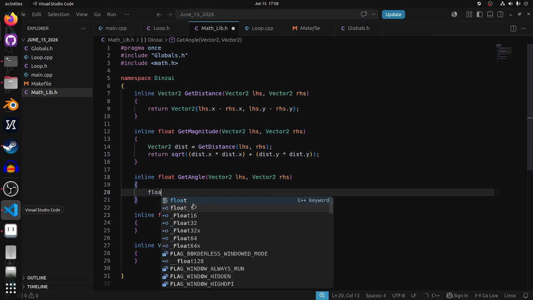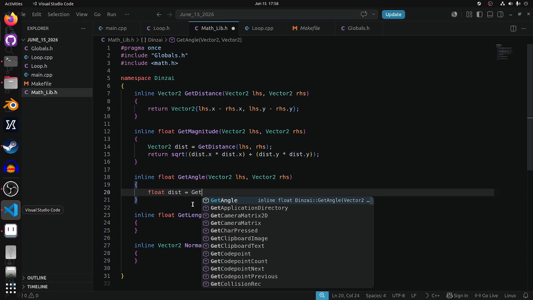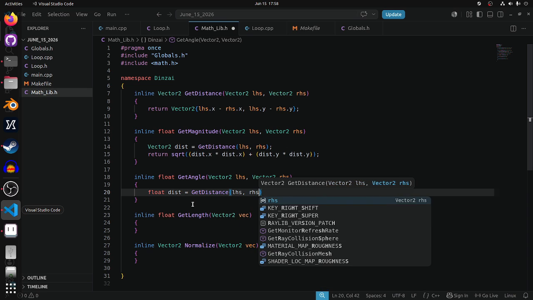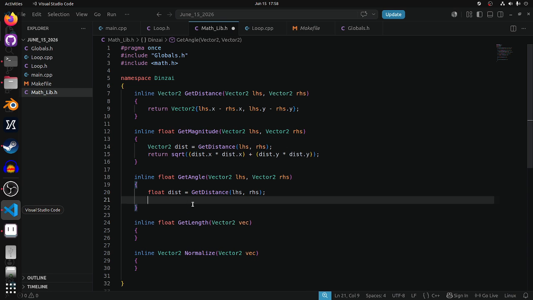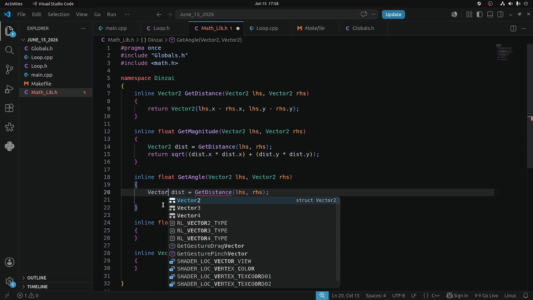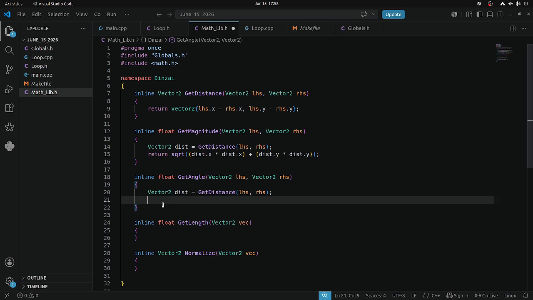And we'll do the same thing. So float dist is get our distance function, pass in left hand side and our right hand side. And we know we have a change in x and a change in y. Oh, my bad, this is a vector 2. It is not a float. But we know we have our change in our x and our change in y here.